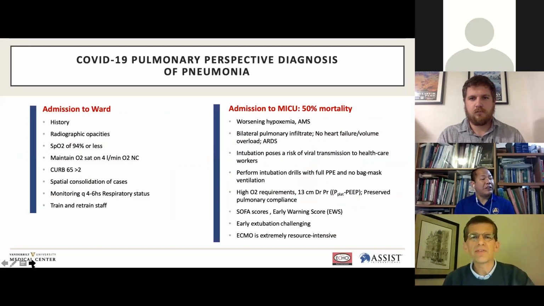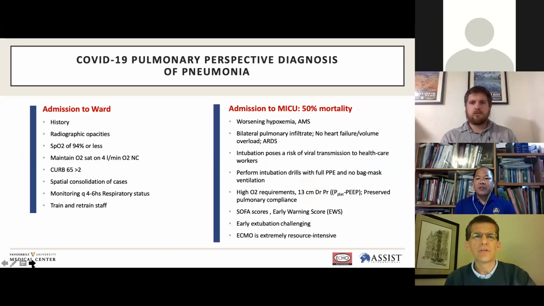One of the biggest difficulties is to try to distinguish the cases based on severity. We typically admit patients to a ward as opposed to an intensive care unit based on history, the presence or absence of radiographic abnormalities, people who are already hypoxic but able to maintain oxygen on 4 liters of oxygen by nasal cannula.